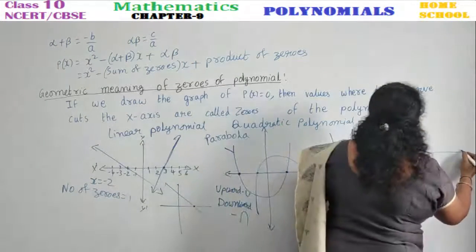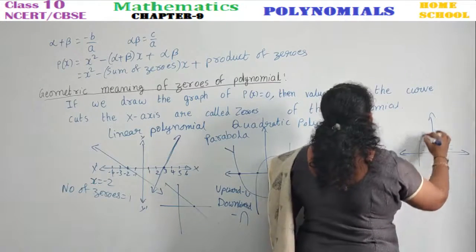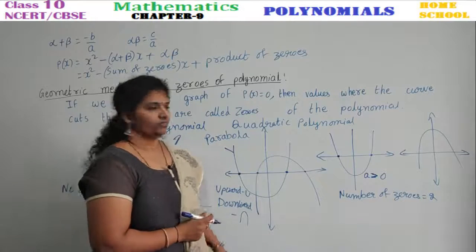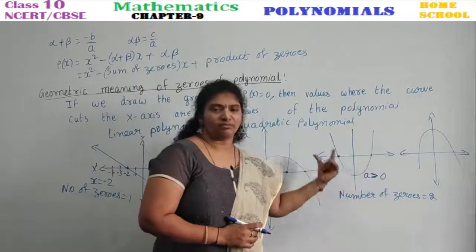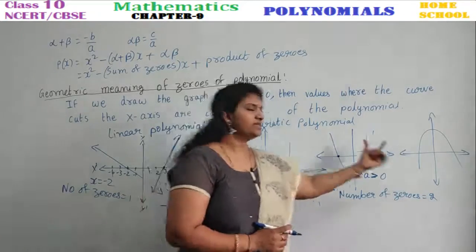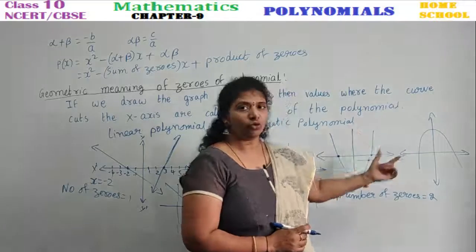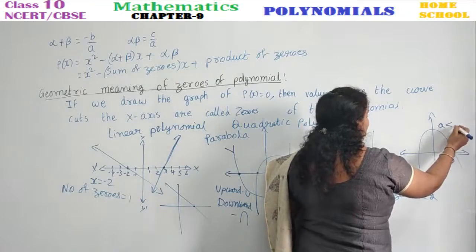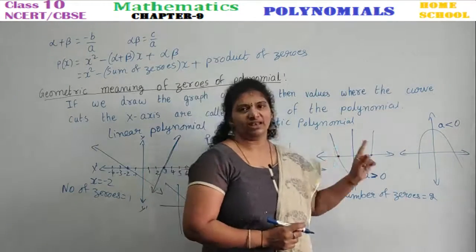Suppose your graphical representation is like this, a downward parabola. Here the upward parabola is cutting at 2 points and the number of zeros will be 2, whereas the downward parabola also has 2 zeros only. There you can guess that your a value will be less than 0, a negative value.